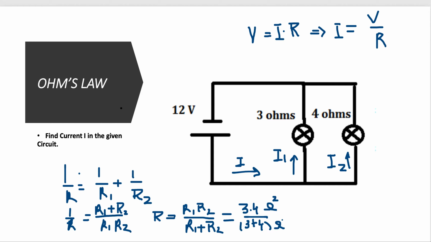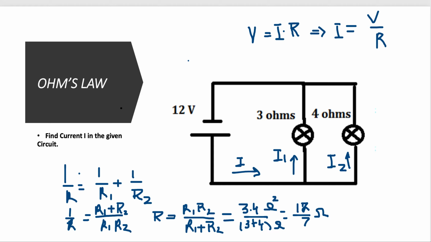The ohm squared with ohm goes away, 3 times 4 is 12, so 12 divided by 7 ohm. So this is 12 divided by 7 ohm.